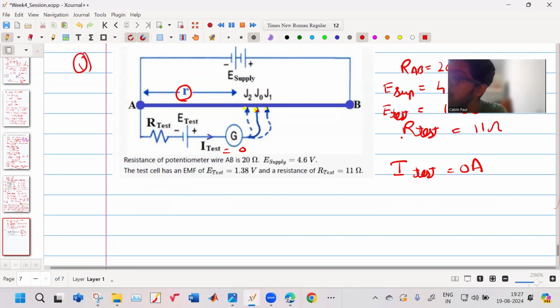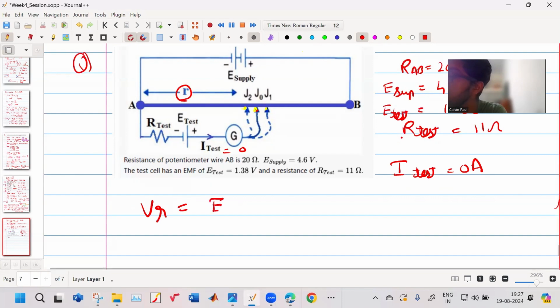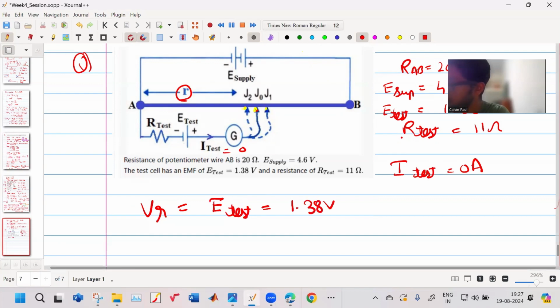So the voltage across the length R is equal to E test, that is 1.38 volt. Now all the current which was flowing like this will flow like this. The current I test is 0, so all the current flows like this.